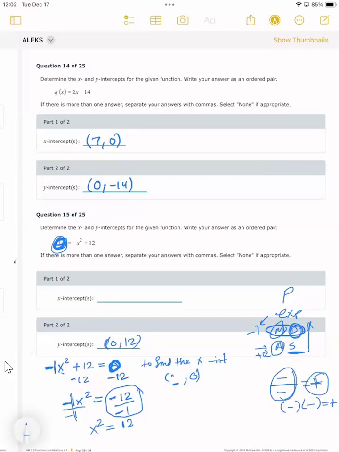So the same rule is true for both operations. If you divide a negative and a positive, this way or this way, the top is positive and the bottom is negative, or the top is negative and the bottom is positive, the answer will be negative for both of them. The same for multiplication.